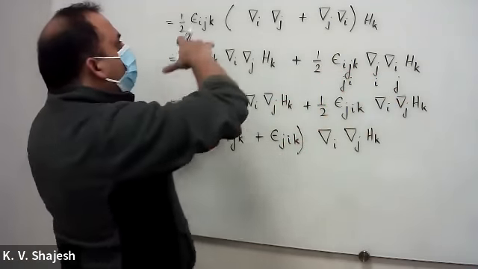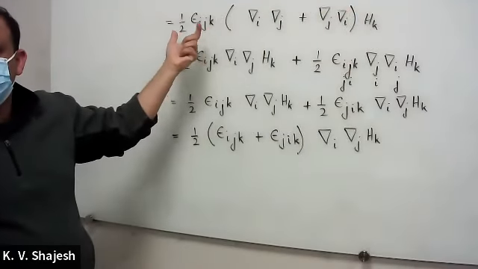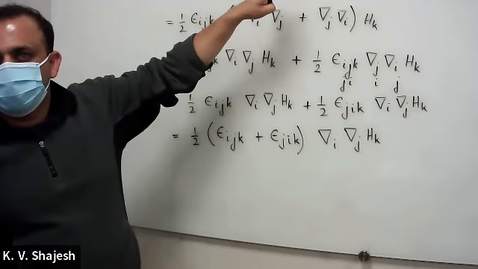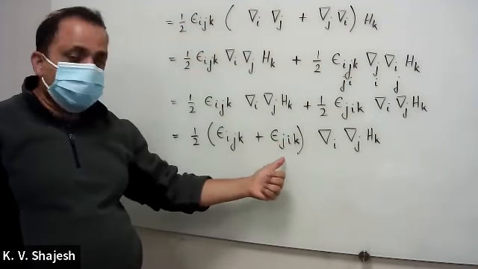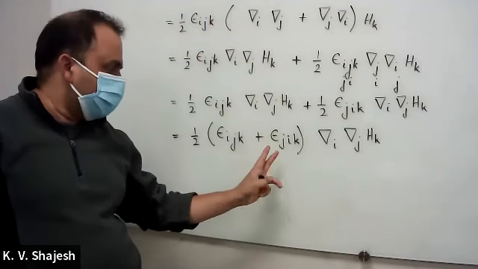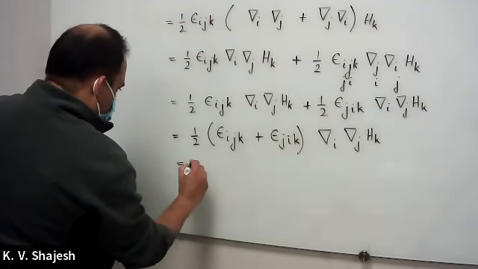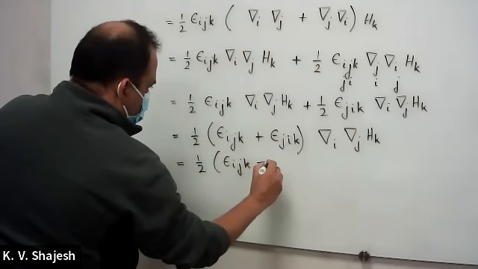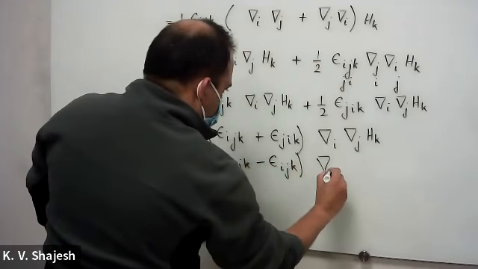What I've done is I've used a symmetry property and I'm seeing how it affects this tensor due to that symmetrization. This is called the symmetrization of a tensor. Now it shows up like this. But here I know that this is antisymmetric. So if I swap this, it changes sign. So this is equal to 1/2 of epsilon ijk minus epsilon ijk, times del i del j h k.